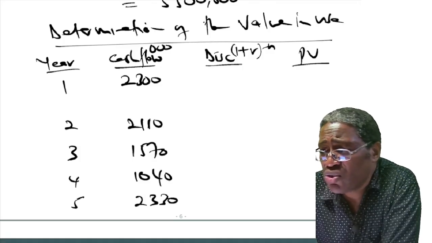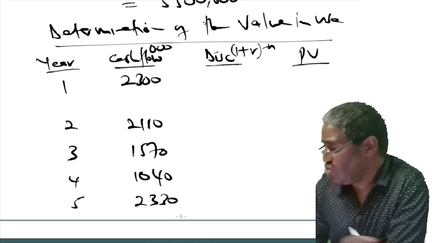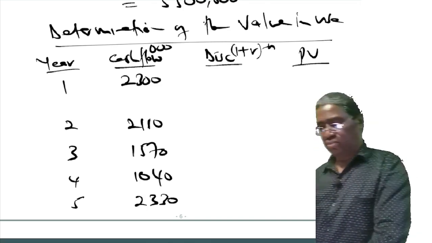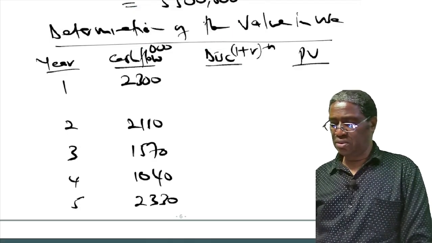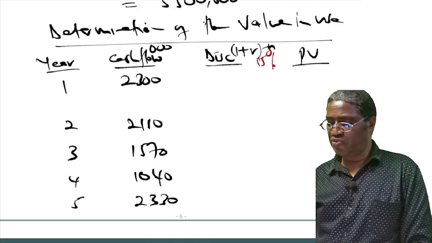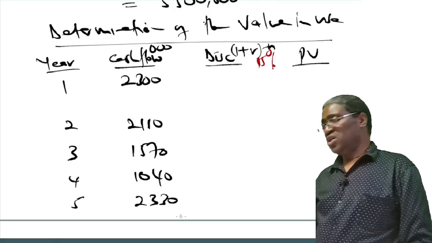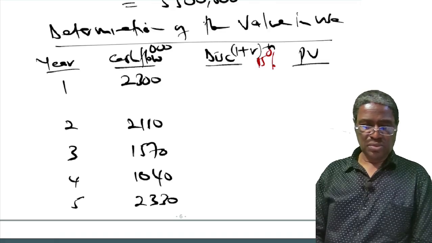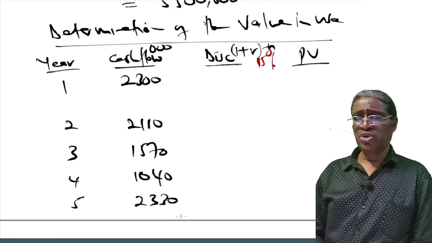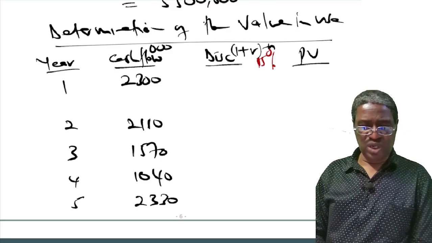So let's go to the question and pick. Maybe we could just do the first one and see whether it will be the same. Our r, don't forget, is 15%. We were given the cost of capital as 15%. So let me just confirm the first one. It is 1.15 to the power of negative 1.